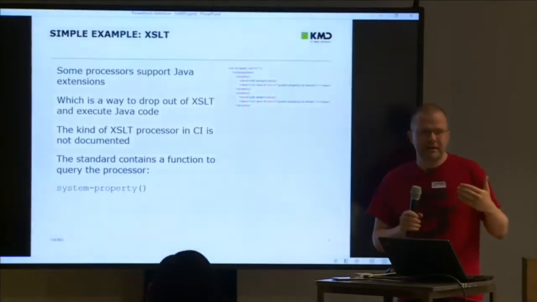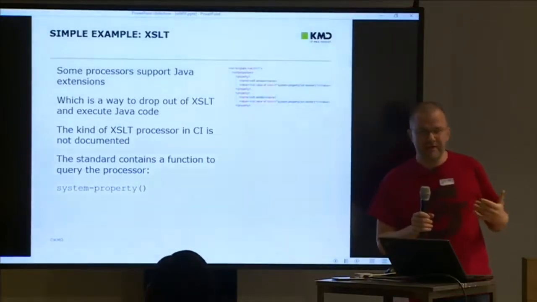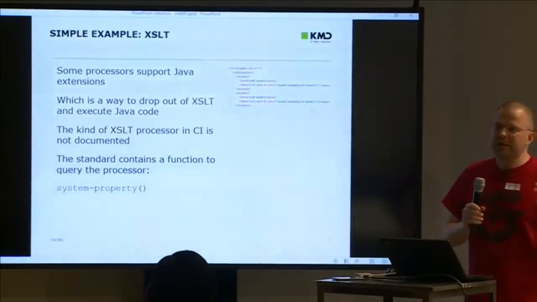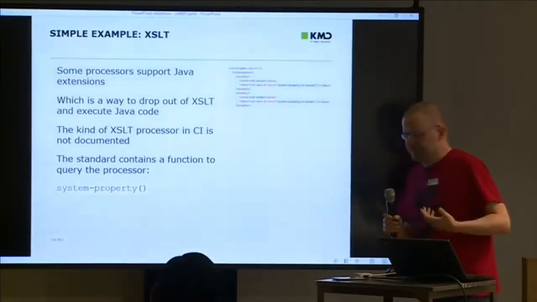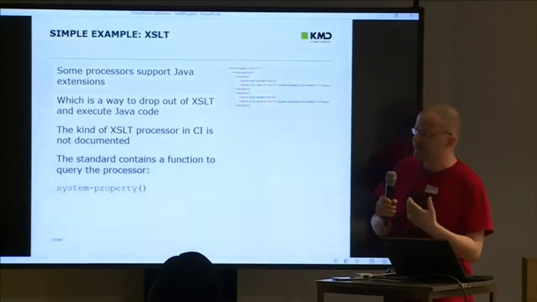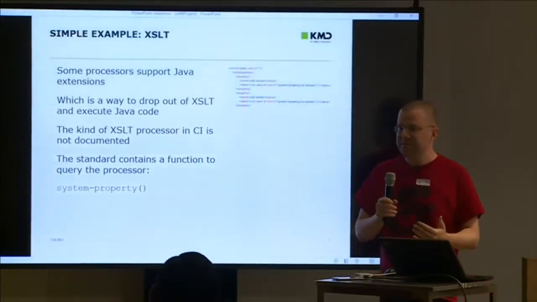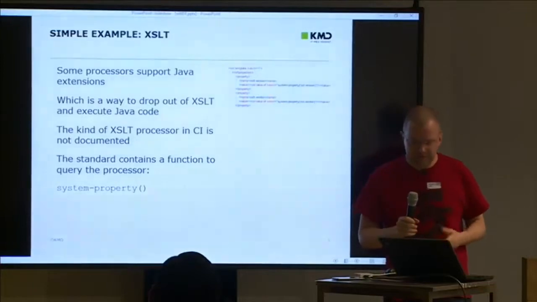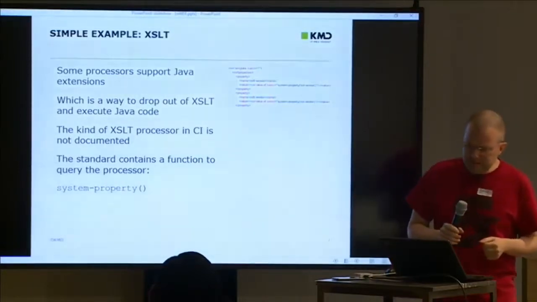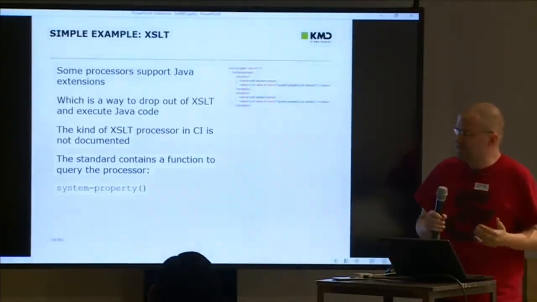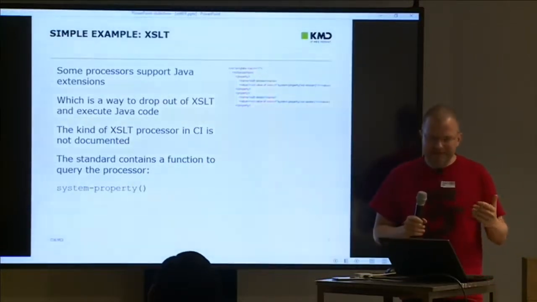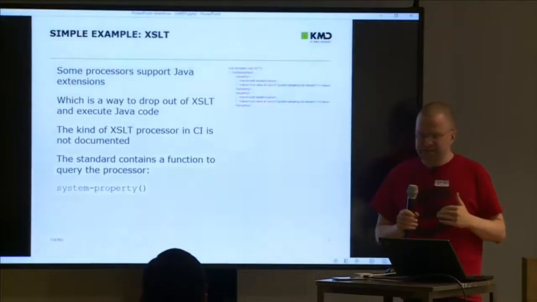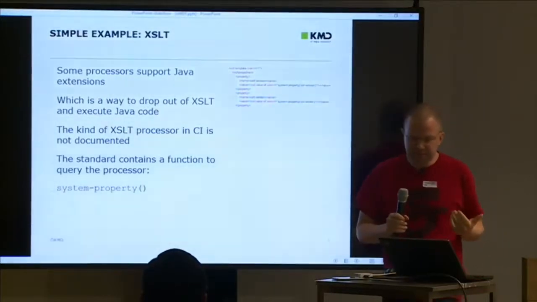Some XSLT engines support Java extensions, which is a way to drop out of the style sheet and execute some Java code, especially to accomplish some of the things that are hard to do in XSLT, but easy to do in Java. So that's a Java extension. But whether you can do that or not depends on the processor. And the kind of XSLT processor in cloud integration is not documented.